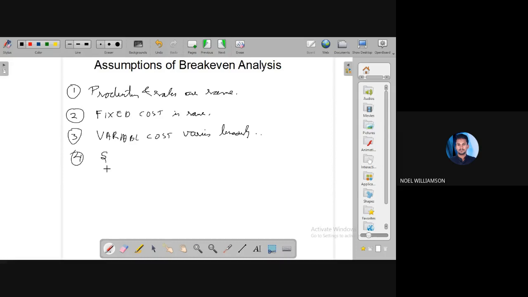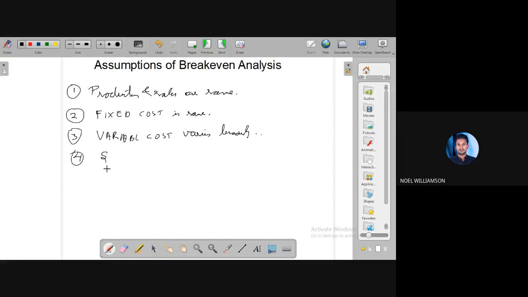In the same manner, we are also giving the discount if we are selling more products, then usually we will be giving some discounts. But in our assumption, we are saying that the selling price will not be changing depending on the production.